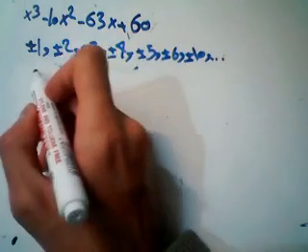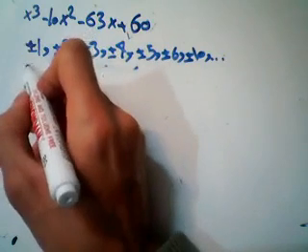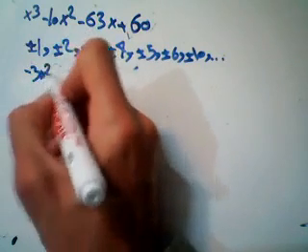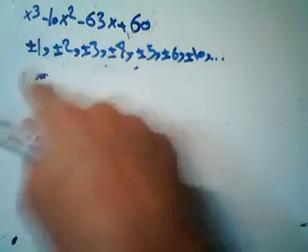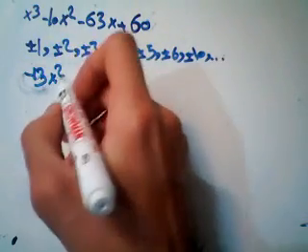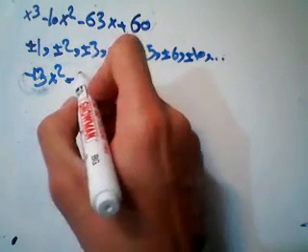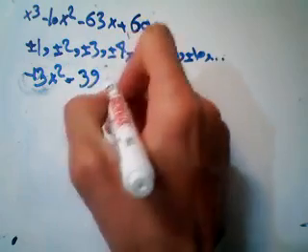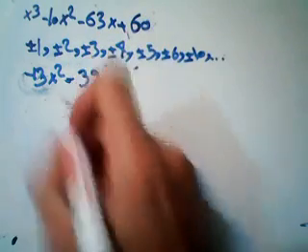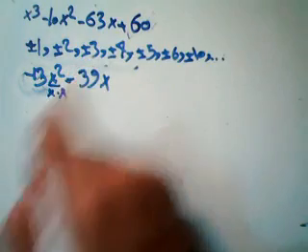Try minus 3. That would be minus 3x squared minus 10x squared, minus 13x squared, that would be 39x after substituting minus 3, writing it as x dot x.